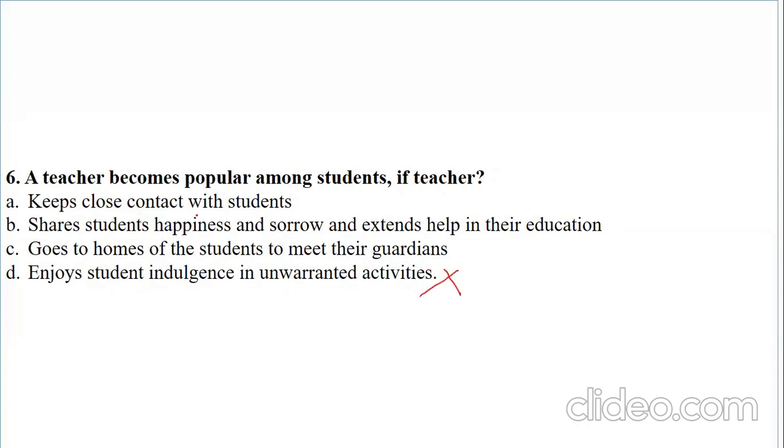So definitely this is not an option. Keeping close contact with the student, no, there is a limit in a teacher and student relationship. Going to the homes of the students to meet their guardians, no, this is not allowed formally. So the option left is sharing student happiness and sorrow and extending help in education. That is, to be with them in good times or bad, and to give them the type of education which they want.